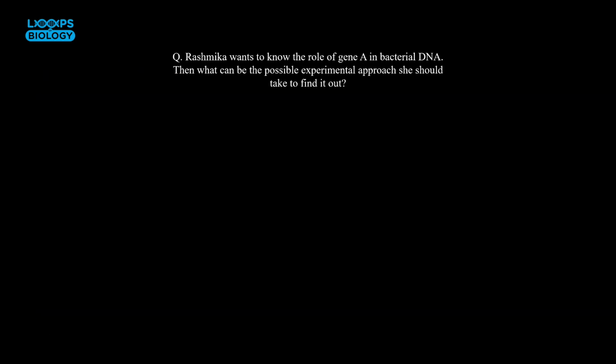Rashmika wants to know the role of gene A. Alright, if you are talking about a gene, that means there has to be a topic related to nucleic acid. So this is a part of nucleic acid. So gene A in a bacterial DNA, then what can be the possible experimental approach she should take to find it out?